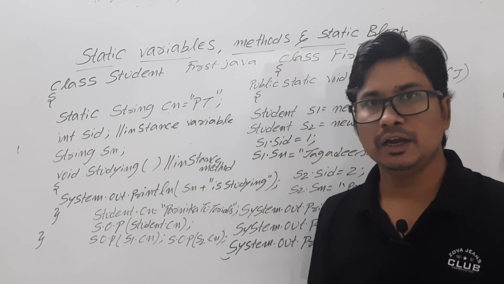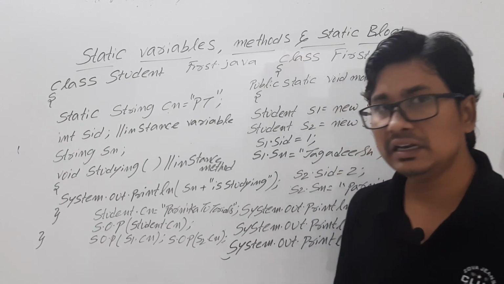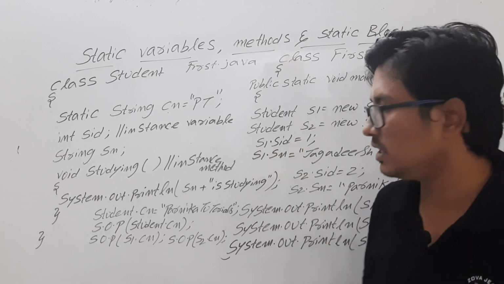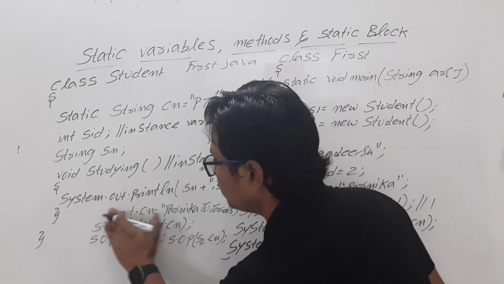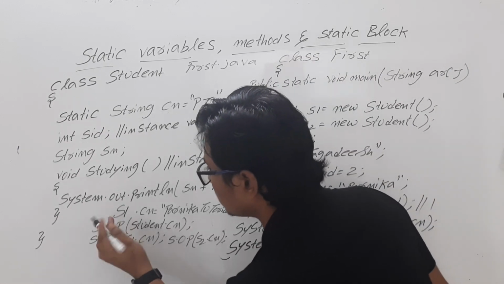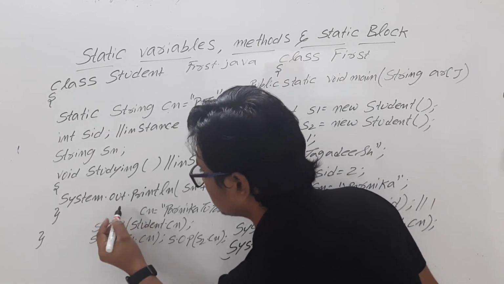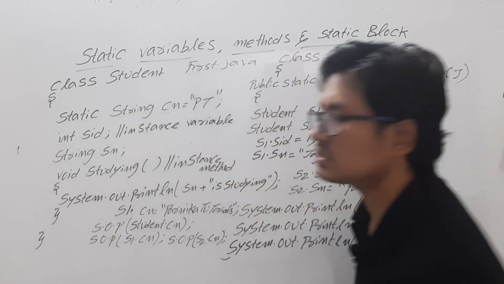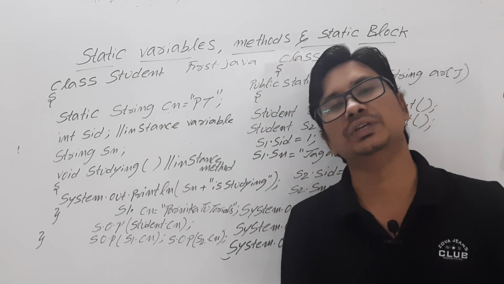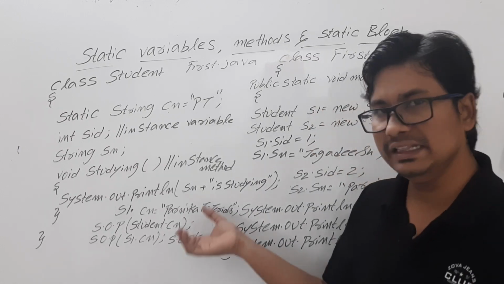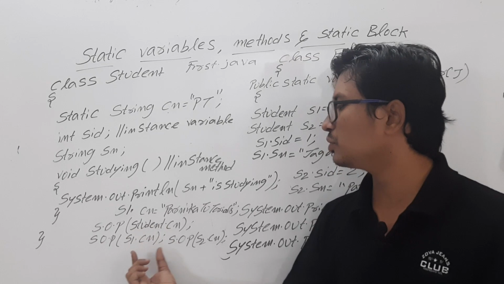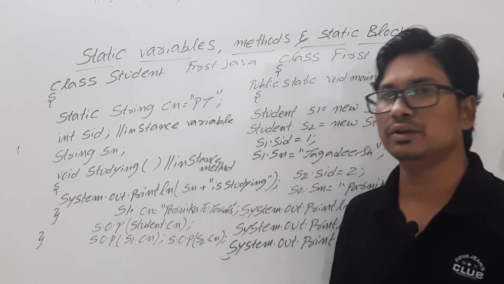Now my question is, sir, can I change that using one of the objects in place of Student? If I write one of the objects called s1, let me write it in lowercase, s1.cn, then what will happen? Will it show any error? No, it will not show any error. And even in this case, you will get the output as Parnika tutorials, Parnika tutorials, Parnika tutorials.